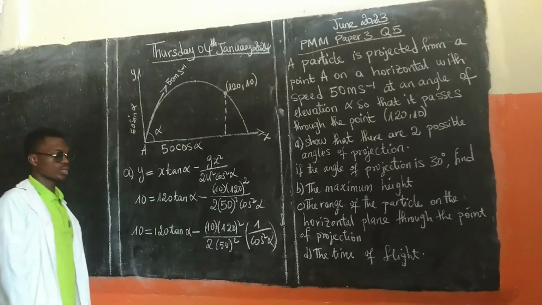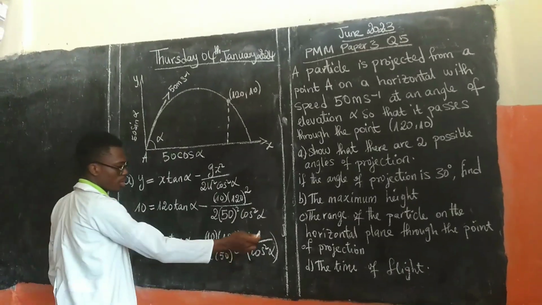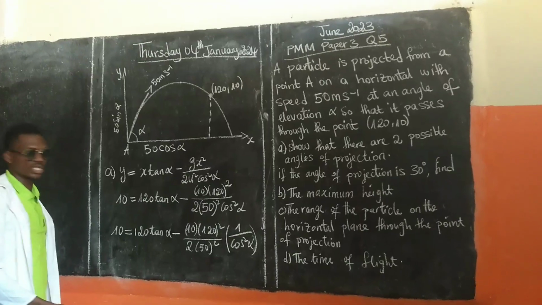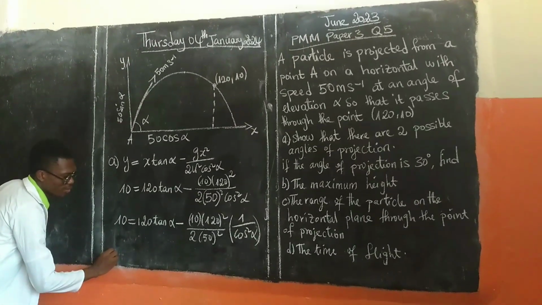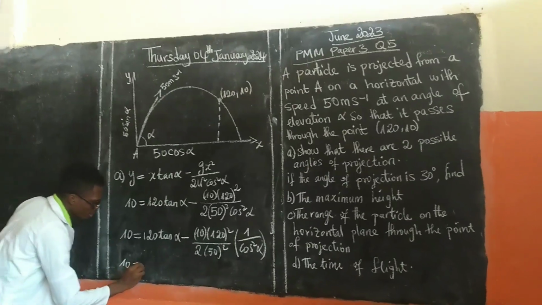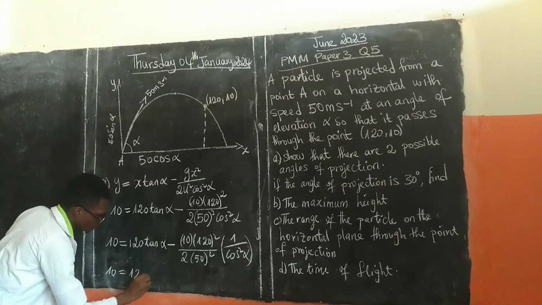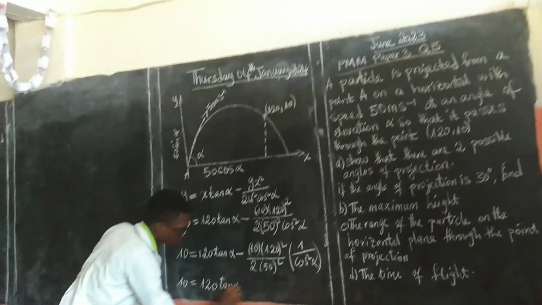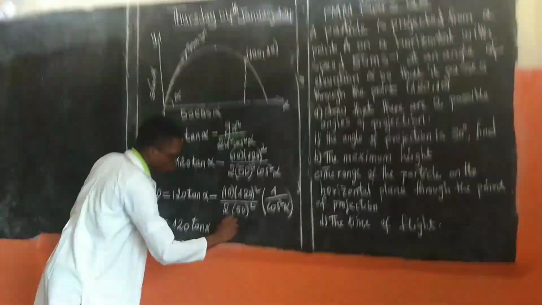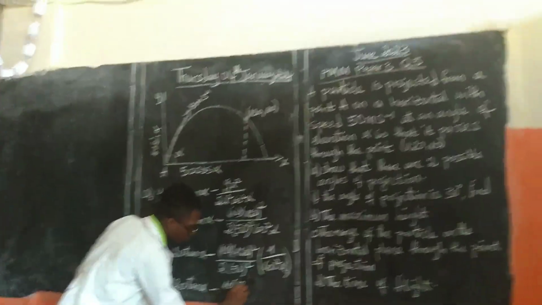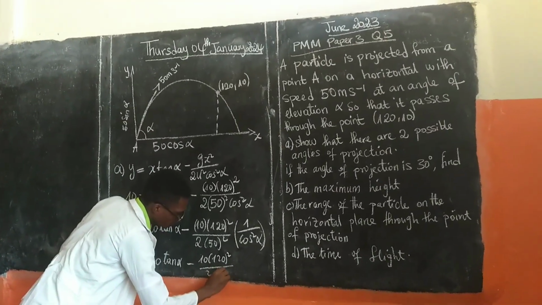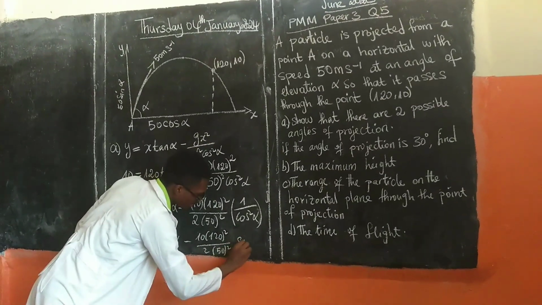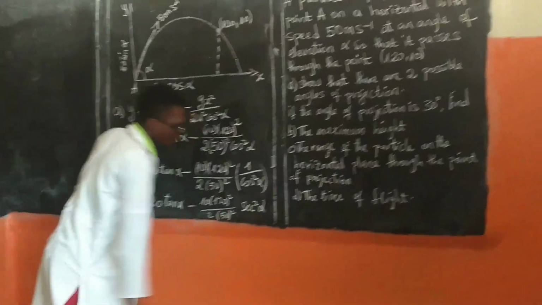Now let's recognize that 1 over cos squared alpha is sec squared alpha. So we are going to have tan alpha minus this quantity, 10 times 120 squared over 2 times 50 squared, then sec squared alpha.